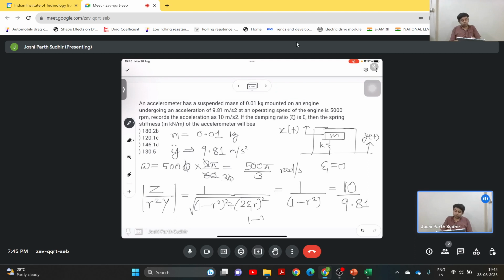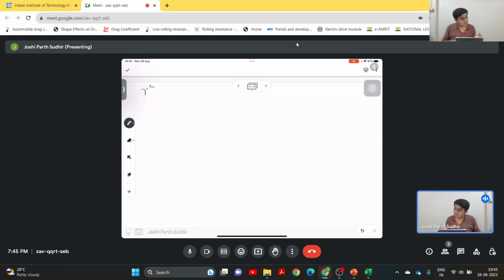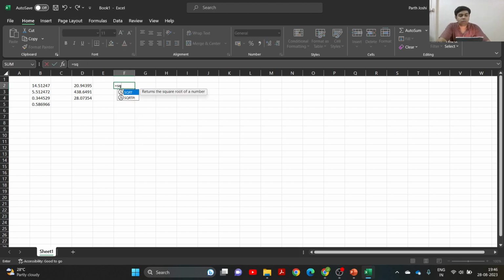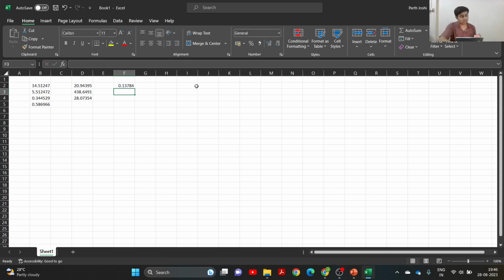Therefore 1 minus r square is equal to 9.81 by 10, or r square is equal to 1 minus 0.981, or r is equal to square root of 1 minus 0.981. Therefore r is equal to 0.1378.